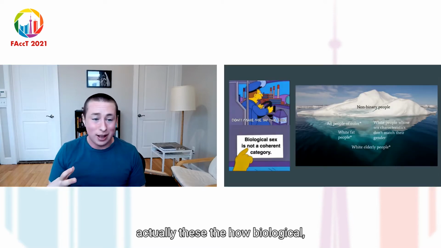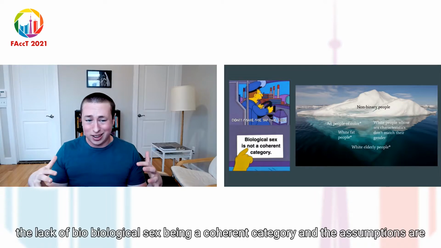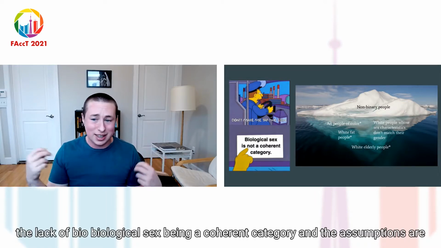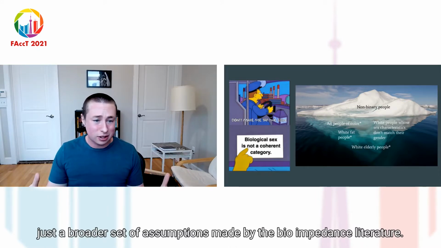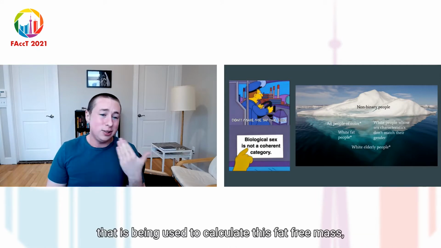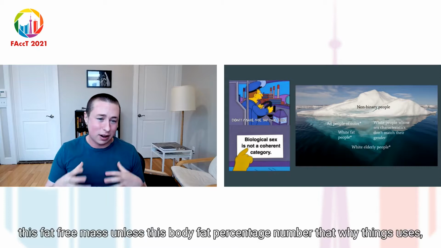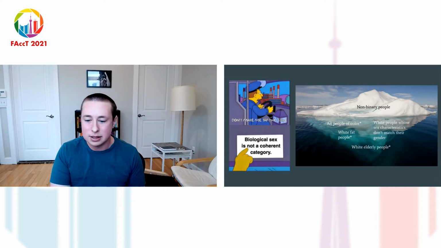Then looking at how the lack of biological sex being a coherent category, and the assumptions, are just a broader set of assumptions made by the bioimpedance literature that is being used to calculate fat-free mass, and thus this body fat percentage number that Withings uses.